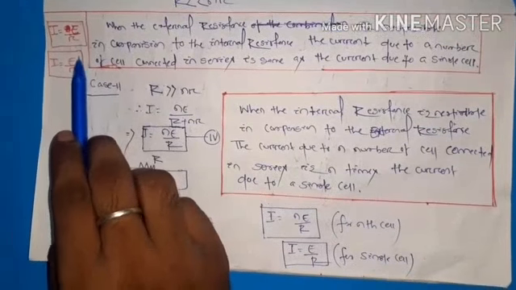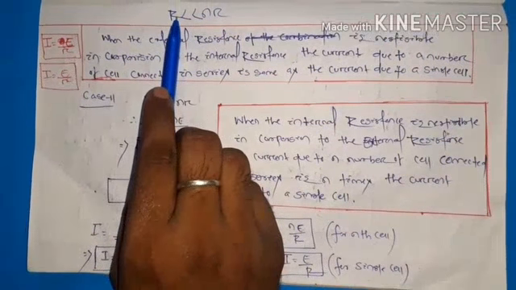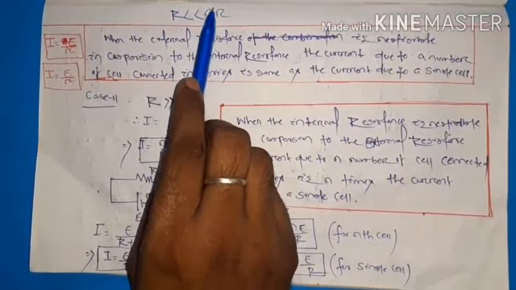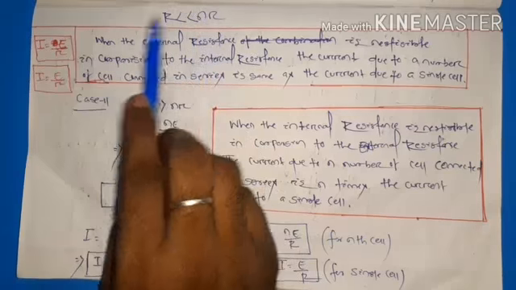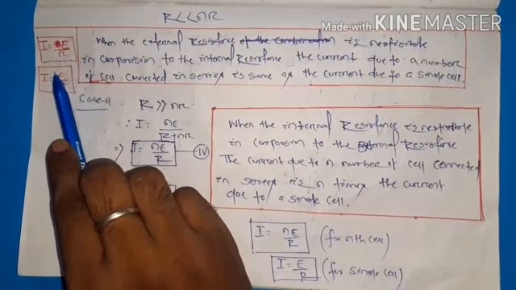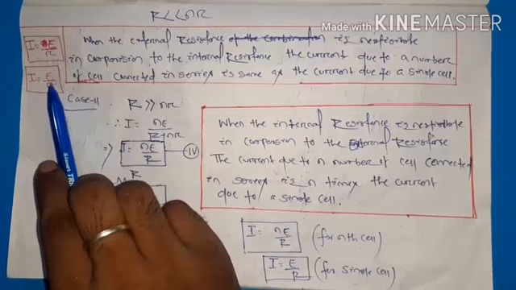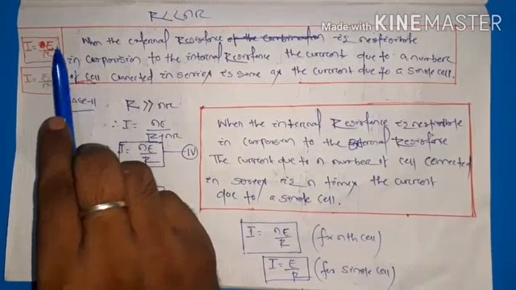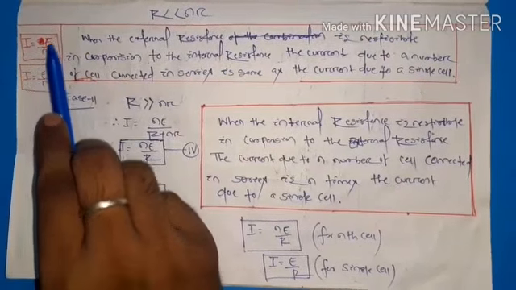From these two equations, we conclude that when external resistance is negligible in comparison with the internal resistance of the combination, the current due to a number of cells in series combination is the same as the current due to a single cell. That means the current due to n number of cells and the current due to a single cell are equal.